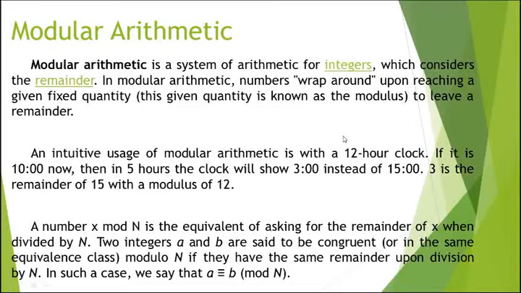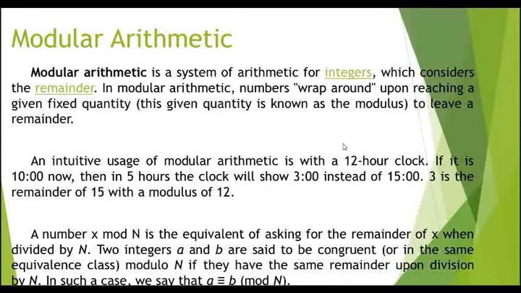An intuitive usage of modular arithmetic is with a 12-hour clock. If it is 10 o'clock now, then in 5 hours the clock will show 3 instead of 15. 3 is the remainder of 15 with a modulus of 12. So 15 minus 12, the remainder is 3.